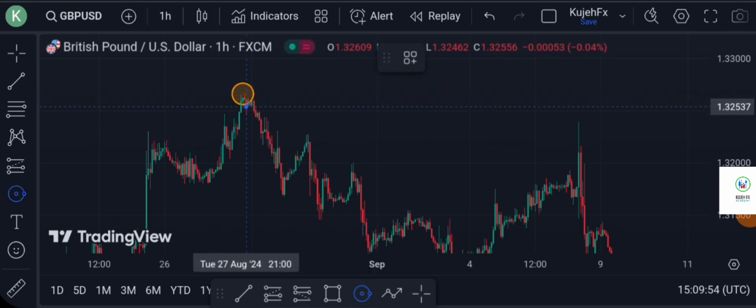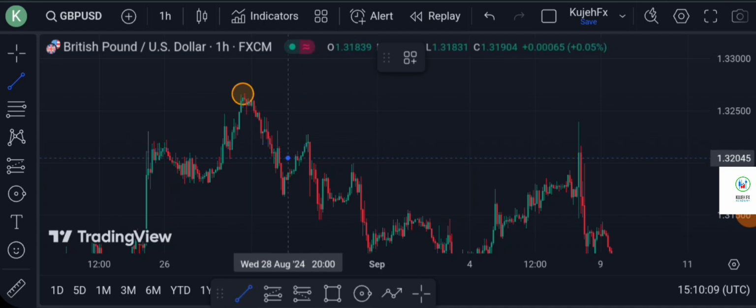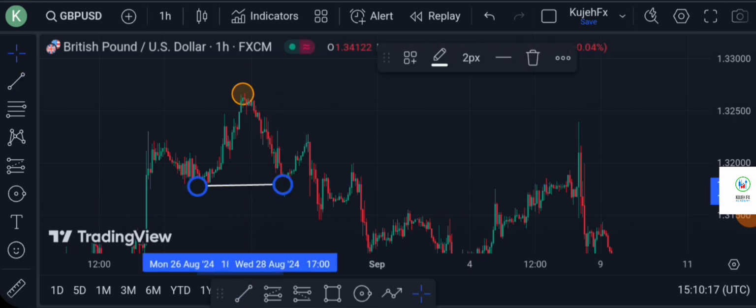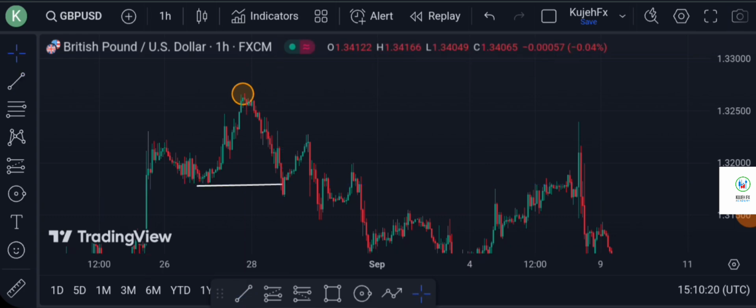This is a higher high, but this is the previous lower high the market has created in an uptrend, right? So the market came down and broke this lower high that has formed in an uptrend. This is what we call change of character, because the market has broken structure in the opposite direction. And when a change of character occurs, it simply means the market wants to change direction.